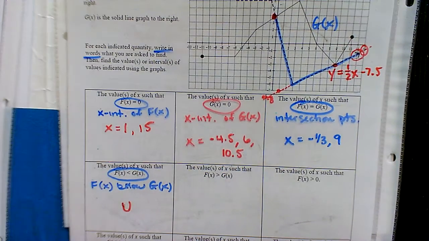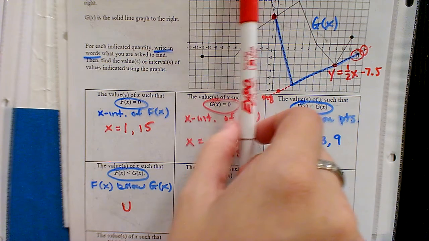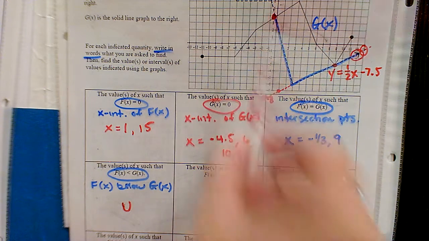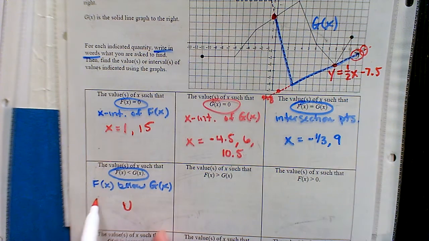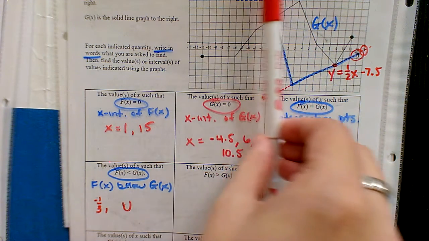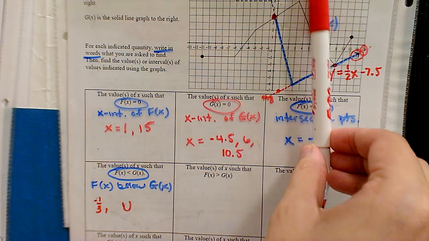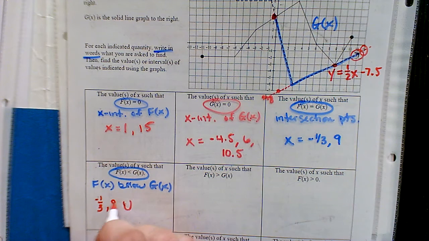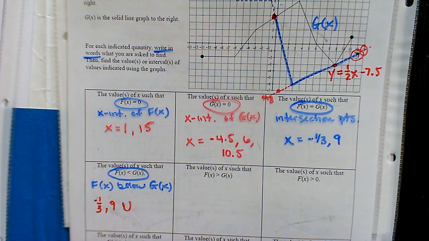All right, so let's talk about the first one. If you were to drag your pencil, looks like we would start at that first intersection point, which we said was a -1/3 value. And as we continue to drag our pencil, we get to the other intersection point, which we said was 9. If those are the intersection points, that's where the graphs are exactly the same.